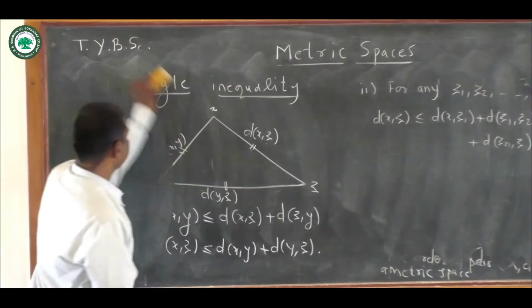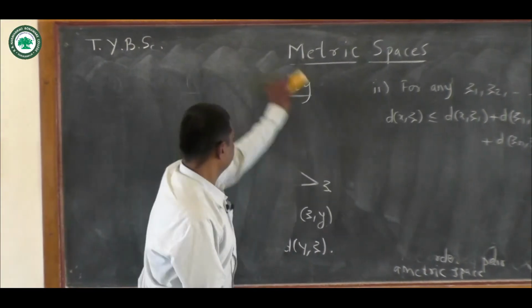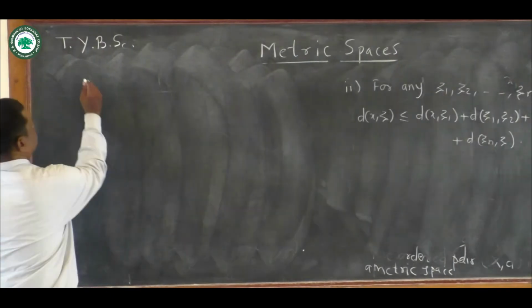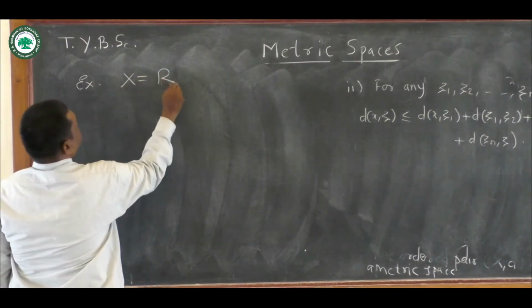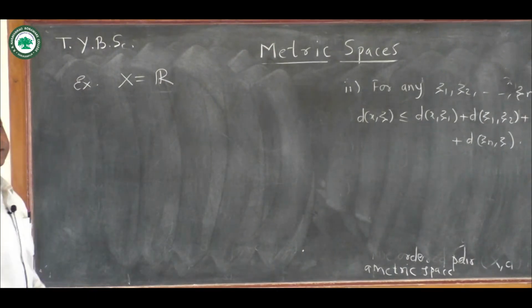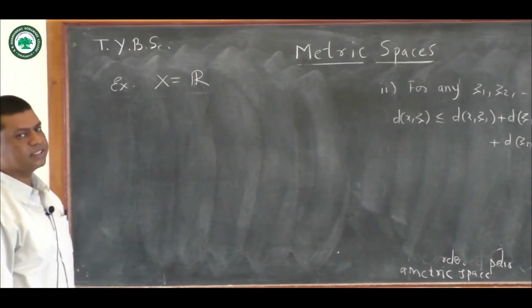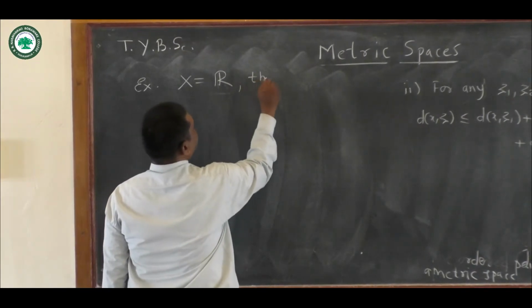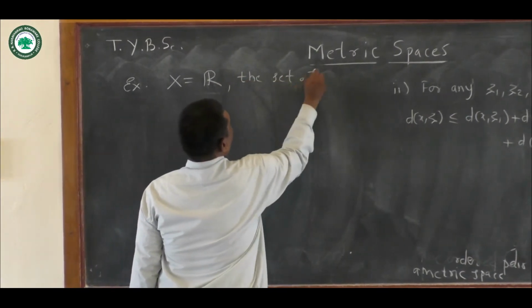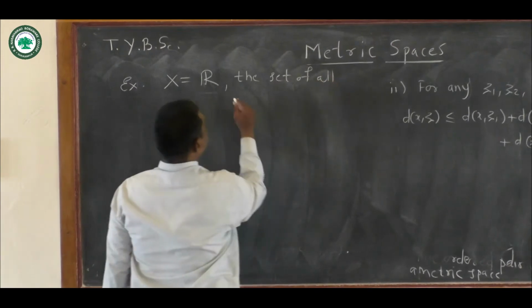Now the first example. We have the set X equal to R. This set is non-empty; the set R is nothing but the set of all real numbers.